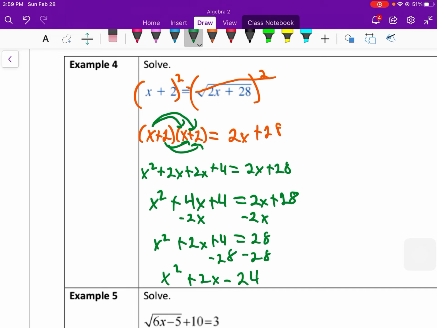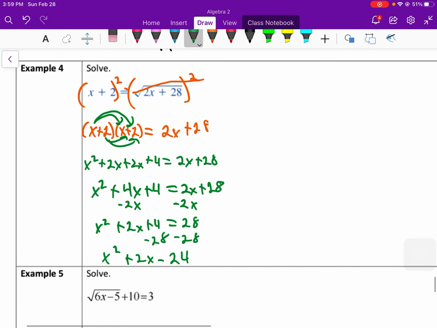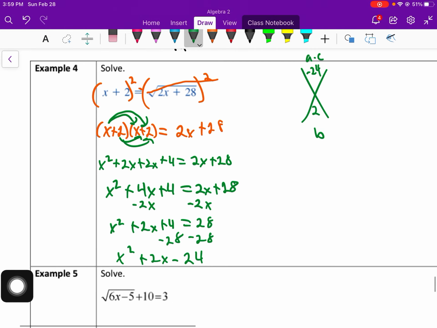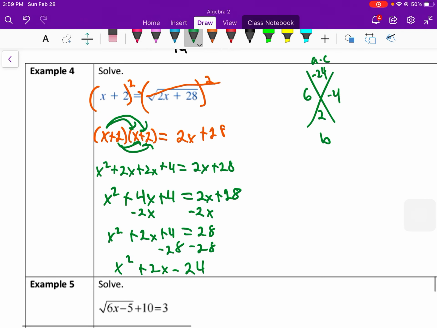All right, and then now is where we can use the box method or our factors. So let's check. It's the AC adds up to B. A times C is 1 times negative 24. Adds up to B, which is 2. So some factors. If we think, let's see, if we do 6 and 4, we could do 6 and negative 4.